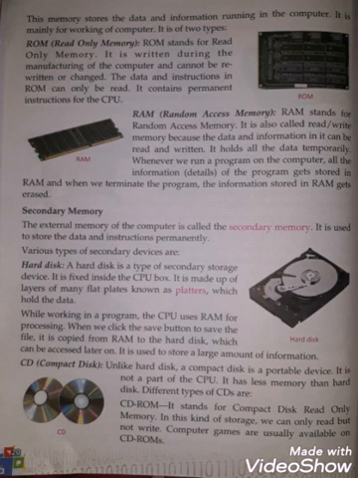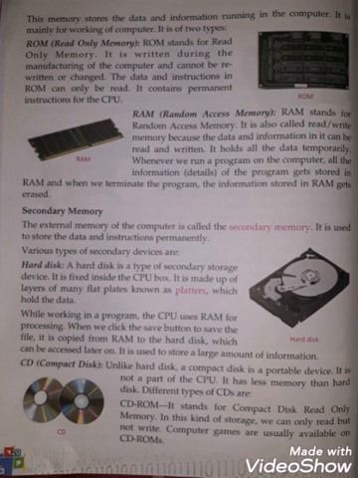The next example of secondary memory is CD, that is known as compact disk. Unlike hard disk, a compact disk is a portable device. It is not a part of the CPU. It has less memory than hard disk. Right? So CD is a portable device.